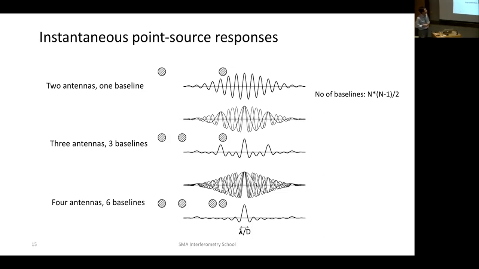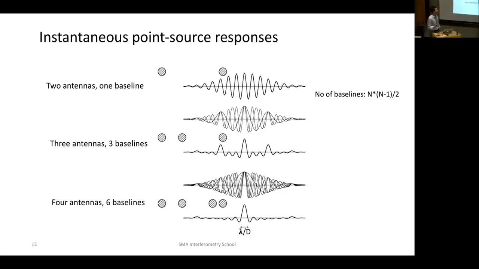If you add the three up, they add up at the center, but at some other positions they cancel out. Even with three baselines, you are improving the quality of the image by improving your point spread function, or instantaneous point source response. If you have four antennas, you have six baselines, and immediately you get a dramatic improvement.